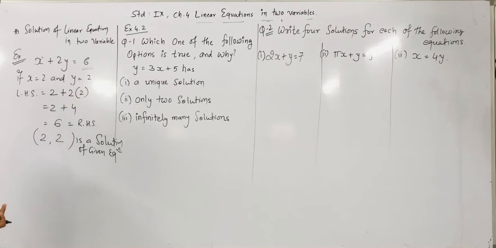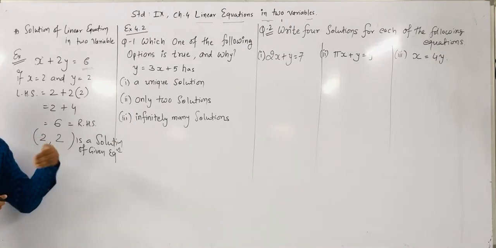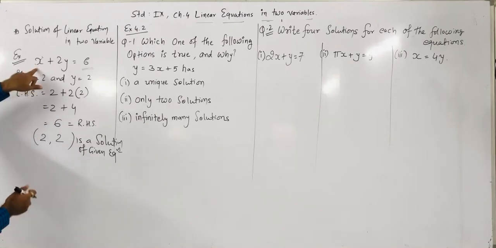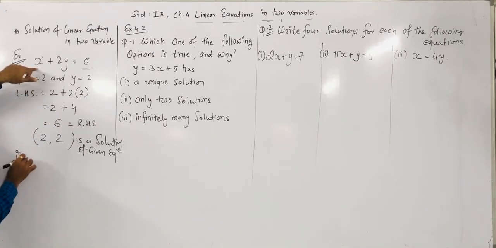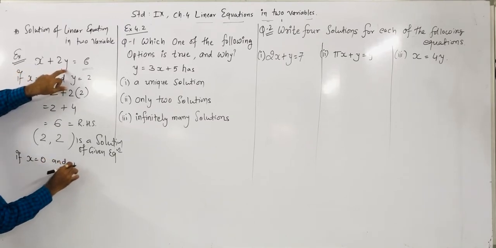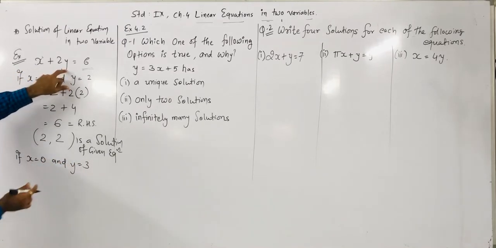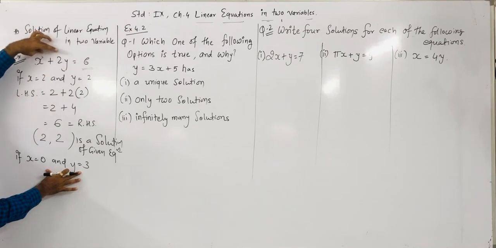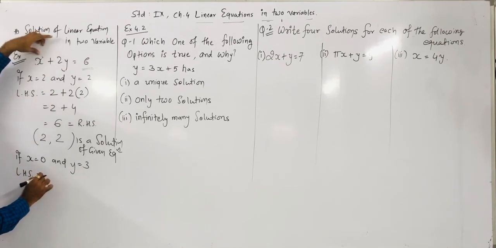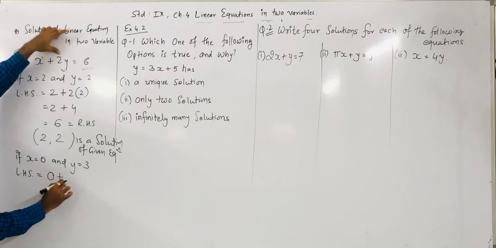It is satisfied. Now, if I take another value of x and y, then again I get 6. Suppose I take x = 0 and y = 3. If I put these two values in the equation, the left hand side is: x means 0, plus the y value multiplied by 2.